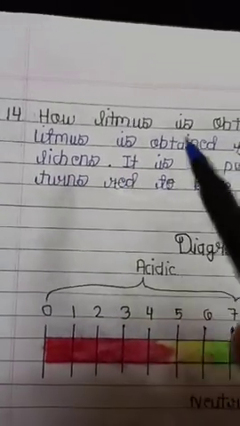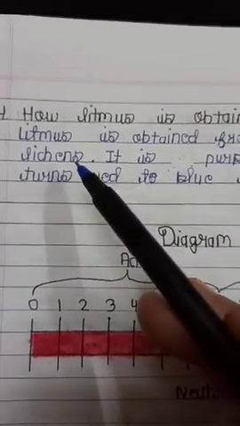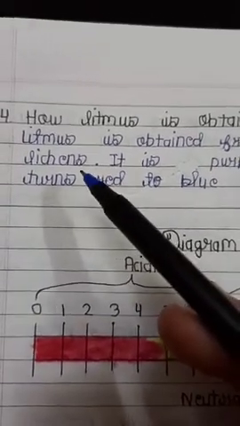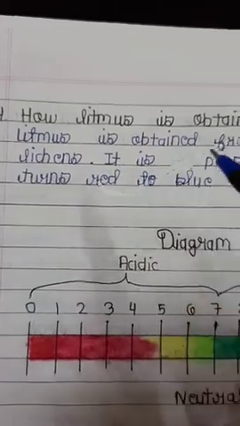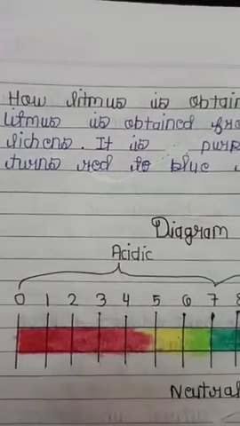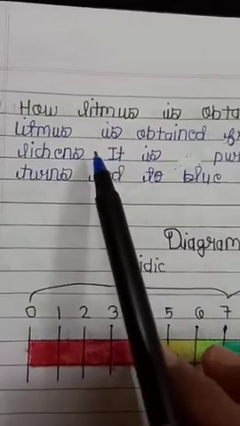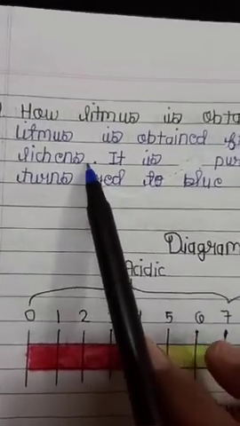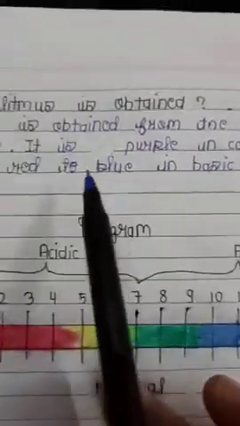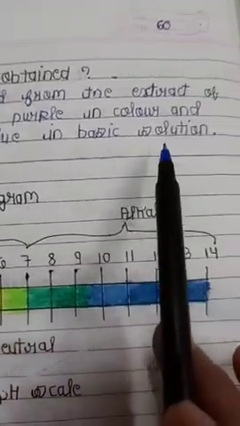They always grow on wasteland, wooden logs or dry tree trunks, non-living kinds of objects. It is purple in color and turns red in acidic and blue in basic solution.